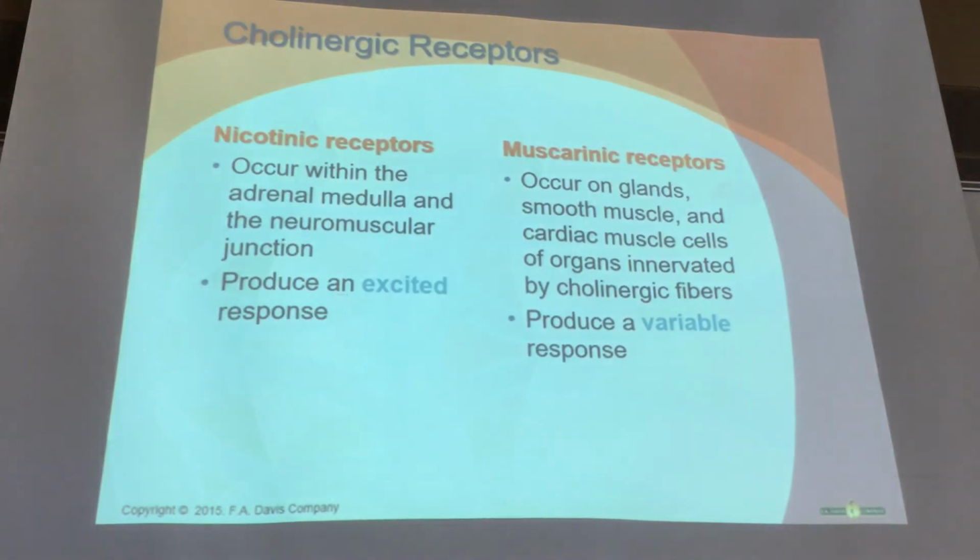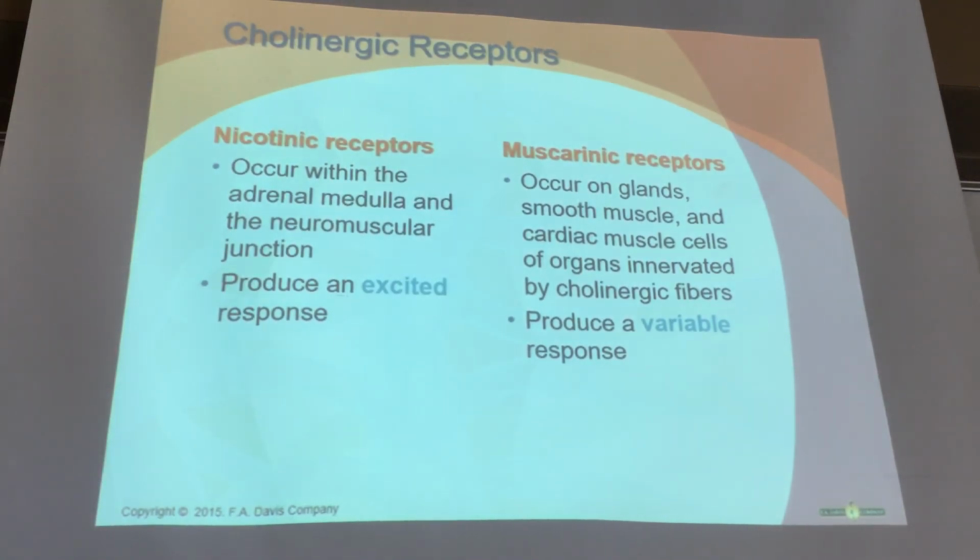Now, this neurotransmitter, acetylcholine, is going to have 2 different receptors that it can go to. A cholinergic fiber is going to have 2 corresponding receptors. The cholinergic binds to cholinergic and adrenergic binds to adrenergic. But the cholinergic receptors come in 2 types called nicotinic and muscarinic. Weird words.